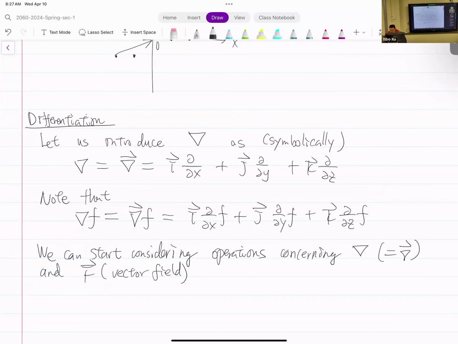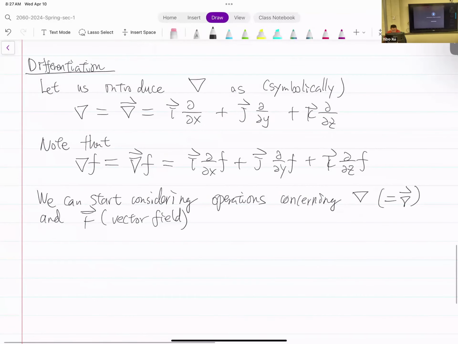And then you can think about, okay, we can dot these two things, or we cross, right? Just like vectors. So recall, when we had vectors A and B, we were doing A dot B and A cross B at the beginning of the semester, right?